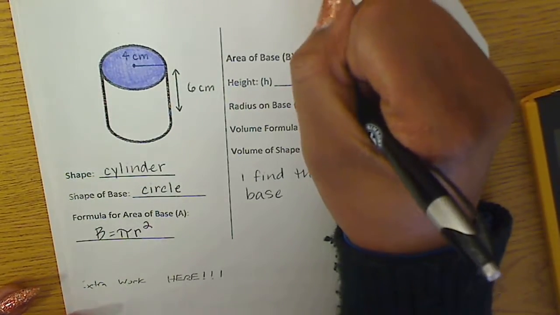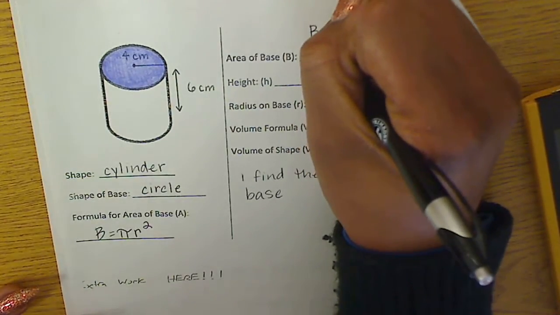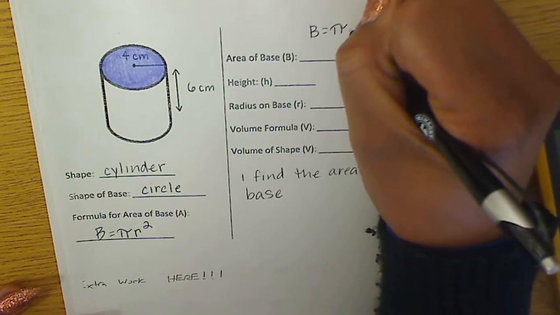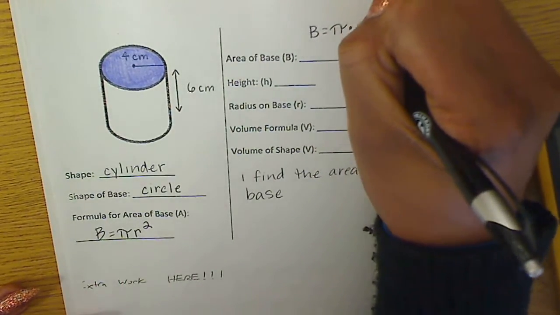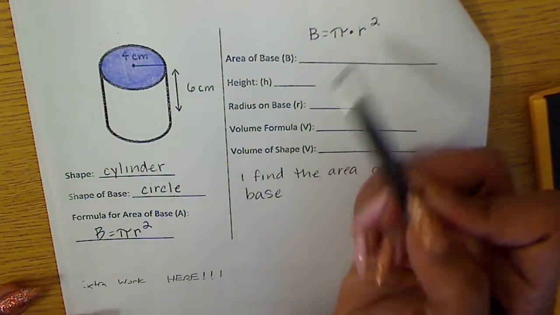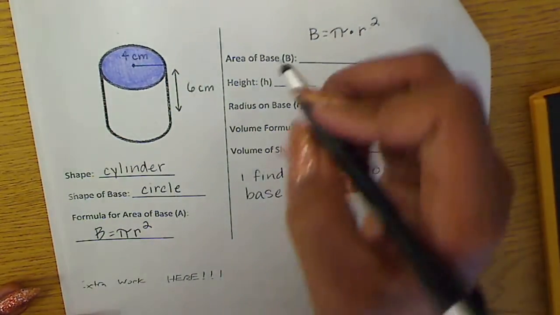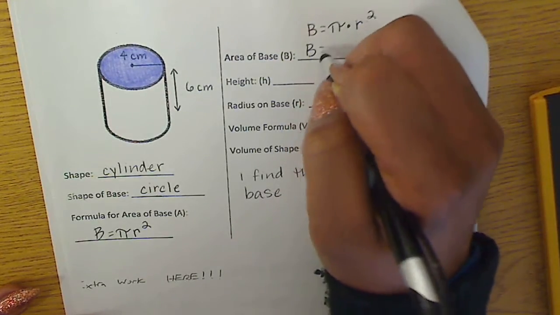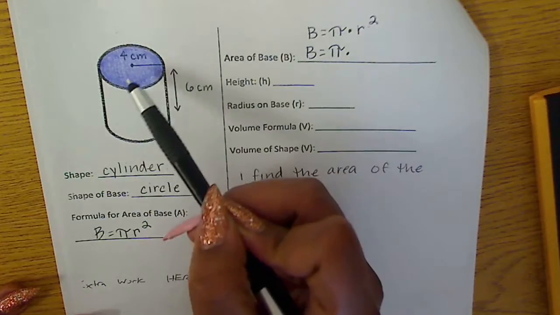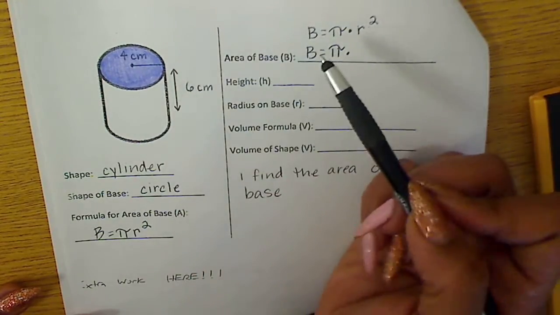So over here, we're just going to rewrite our formula. I'm a big fan of writing the formula, and I'm going to write it pi times the radius squared, so you can understand that this is two separate numbers here. So the base is going to equal, what's the radius on this shape? 4.